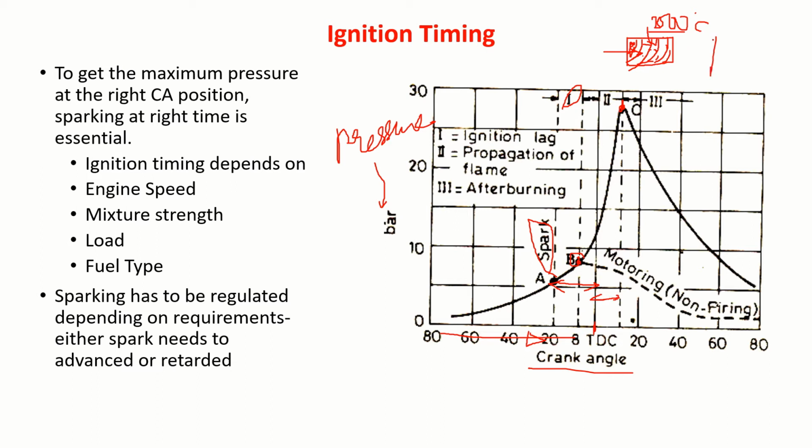Because in the cylinder, the piston will be going downwards, that is from top dead center to bottom dead center. At that time, when high pressure is applied, you can see that the crank position will be at an angle, so that it turns smoothly. There will not be any shock as such. Correct?